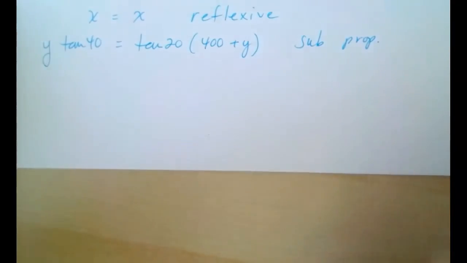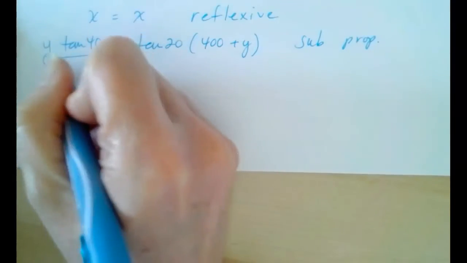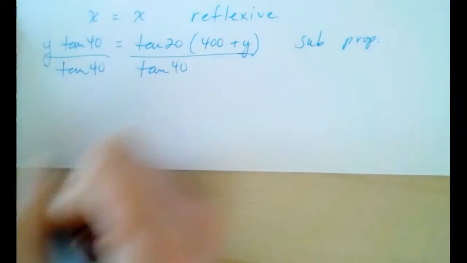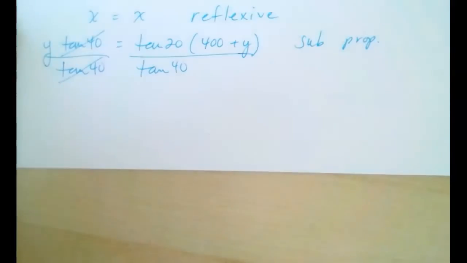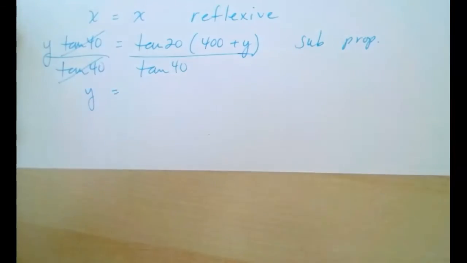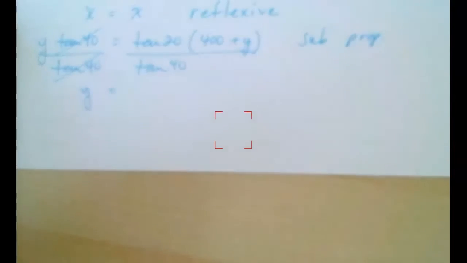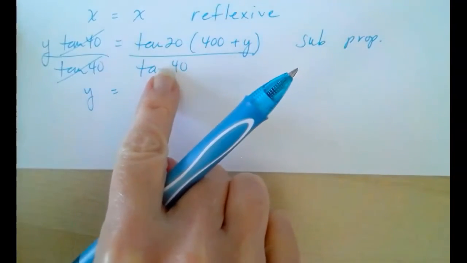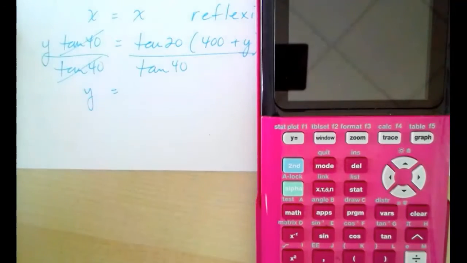So the first thing I'm going to do is start solving for y. I'm going to divide both sides by tangent 40. Cancel, cancel. So now I have y all by itself on the left. On the right, I'm going to get an approximation for tangent 20 over tangent 40.